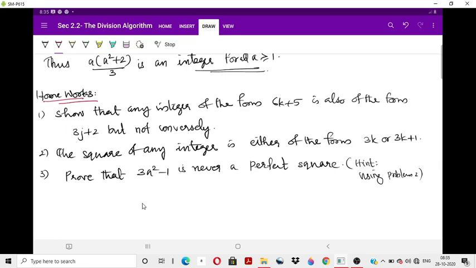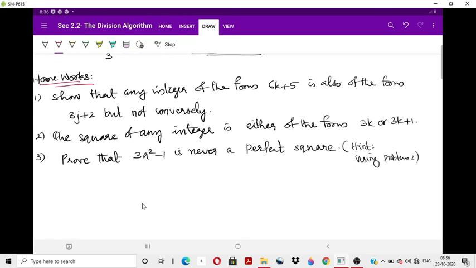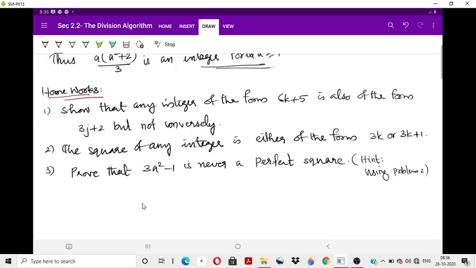Once you prove that the square of any integer is either of the form 3k or 3k plus 1, you can clearly say that 3a square minus 1 is neither of the form 3k nor 3k plus 1, so it will not be a perfect square. So first prove the result in 2, and using that result you can prove question 3. Okay, thank you all.